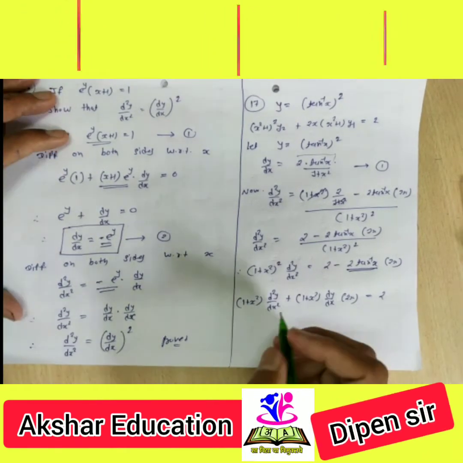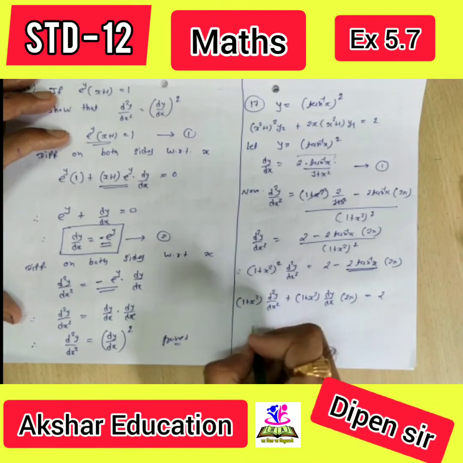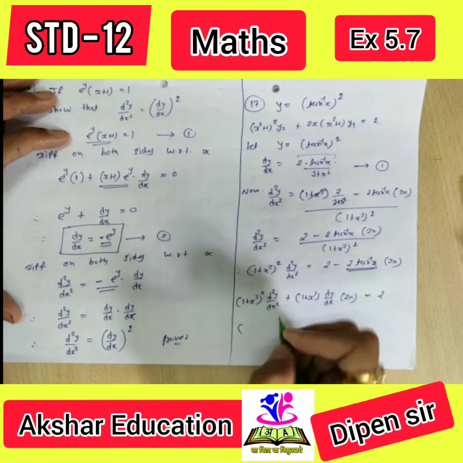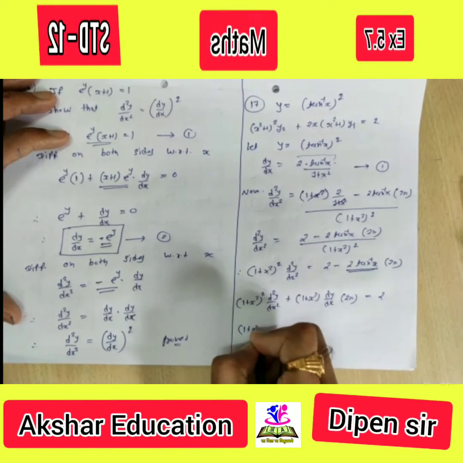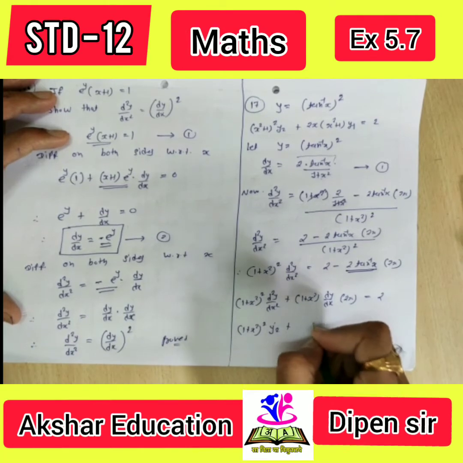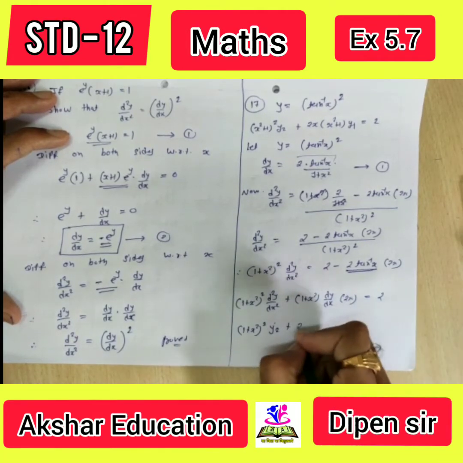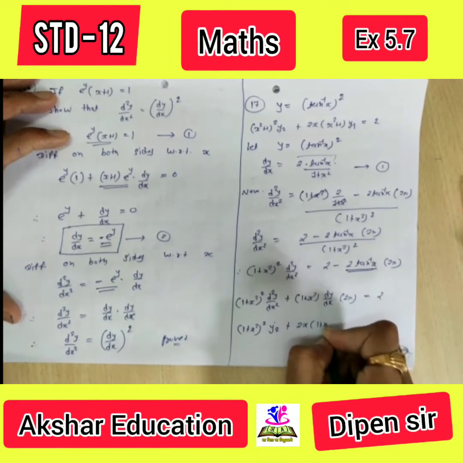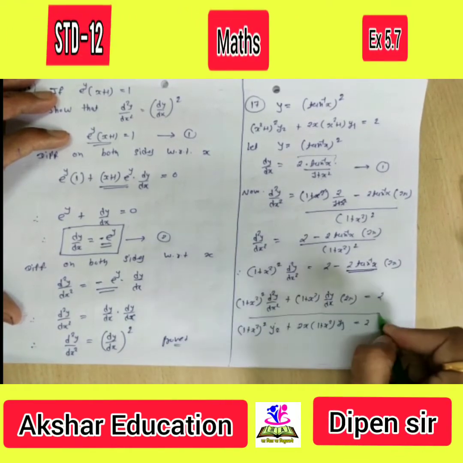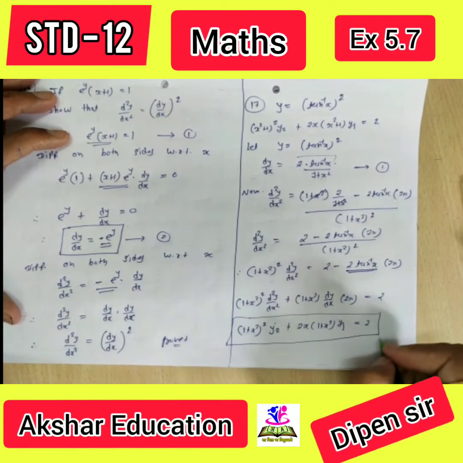Using the notation d square y by dx square as y2, and the whole square is there, so the square comes here: (1 plus x square) whole square y2 plus 2x into (1 plus x square) y1 equals 2. That we have to prove.